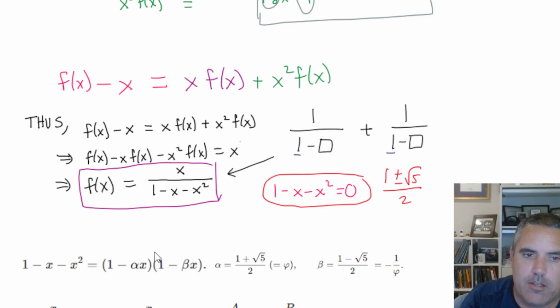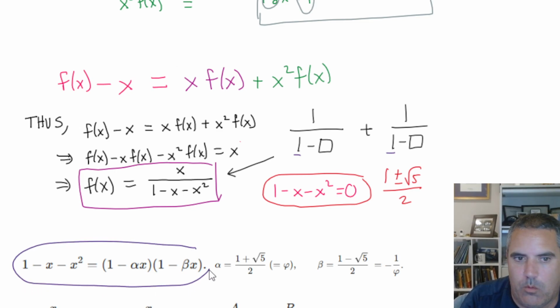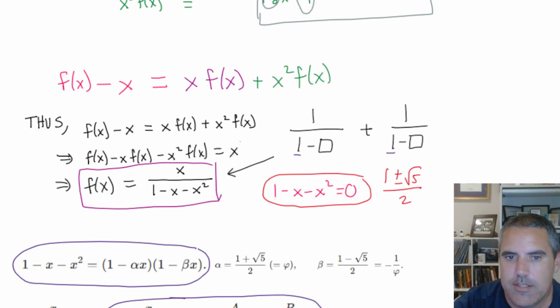And so there's a comment of, we're going to factor this using the roots, but we're going to do it in a clever way. You would have to verify that those are the same, but that's it. Once we do that, then we can think in terms of partial fractions and try to decompose it.